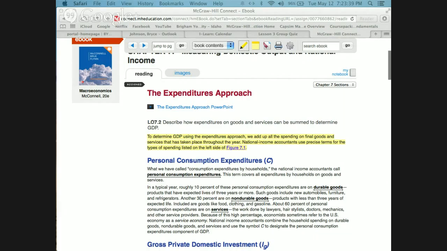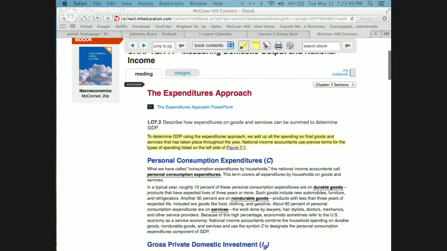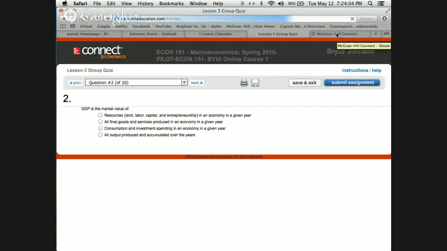I think it's going to compare the different types between the personal, the private, and the government. So it's probably the second or third one, but I don't know about the first or fourth. We can just try one of them, and then we'll see what we get after you submit it. Yep.